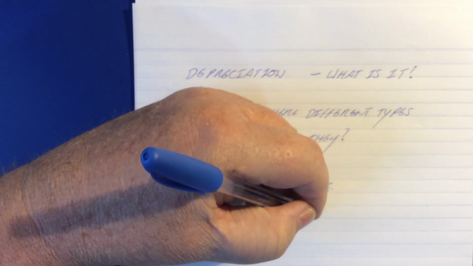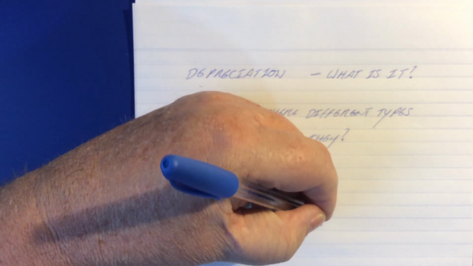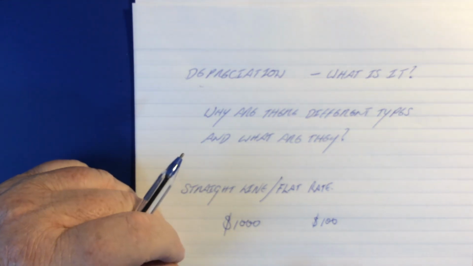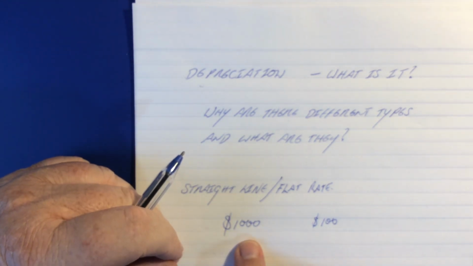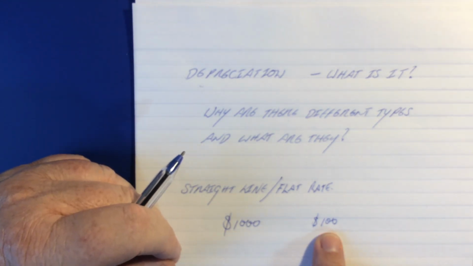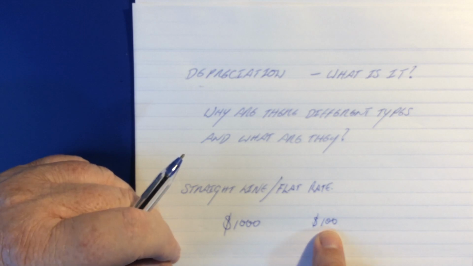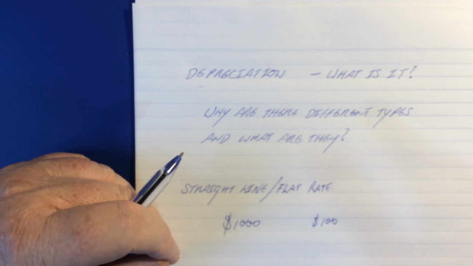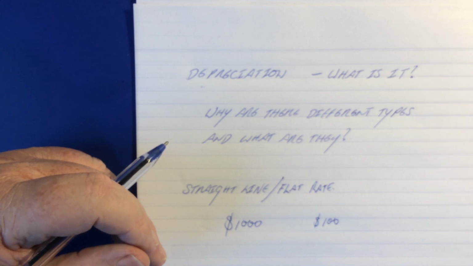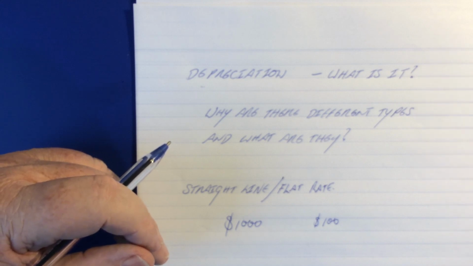Now, that set amount might be $100. So after 10 years, 10 lots of $100 will have been taken off the value of this, and so it will have what's called a residual value or a scrap value of 0.